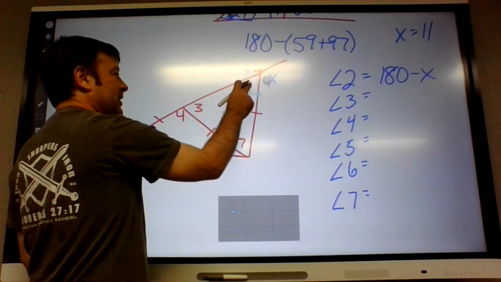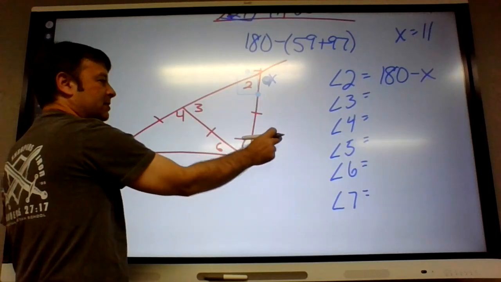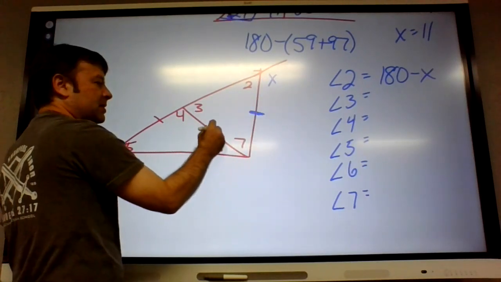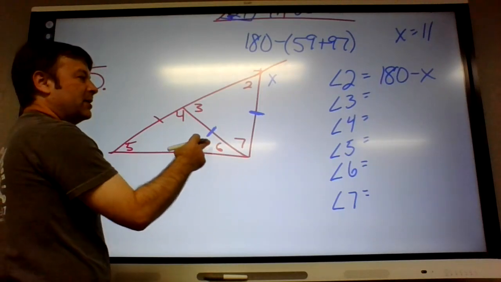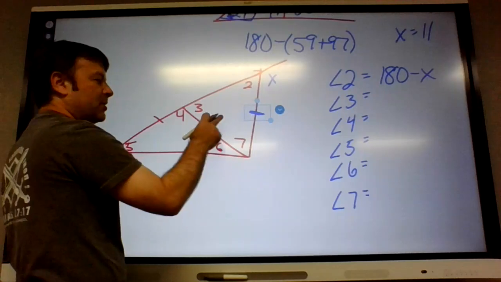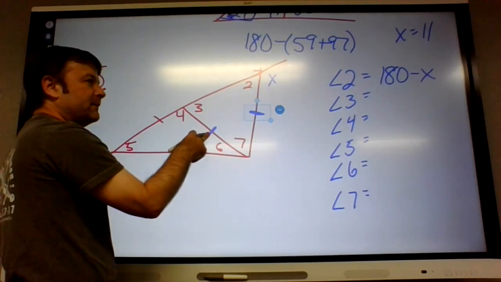Alright, anyway, doesn't matter. Okay, so what kind of triangle is this guy over here on the right? It's an isosceles. If these two sides are equal, what else do I know about the angles?